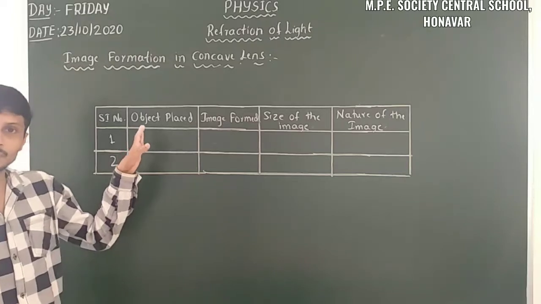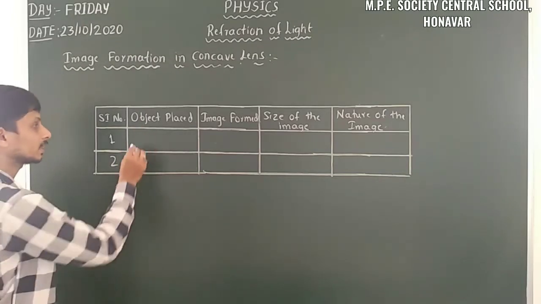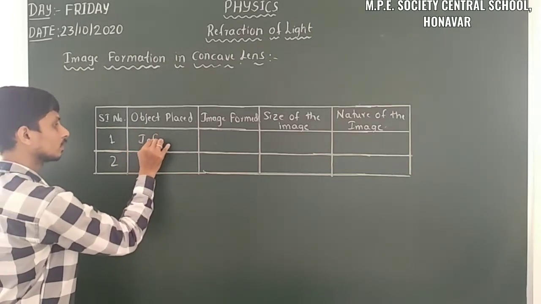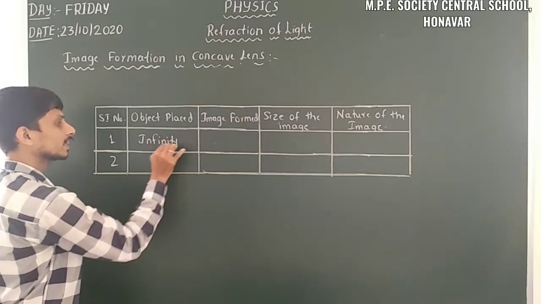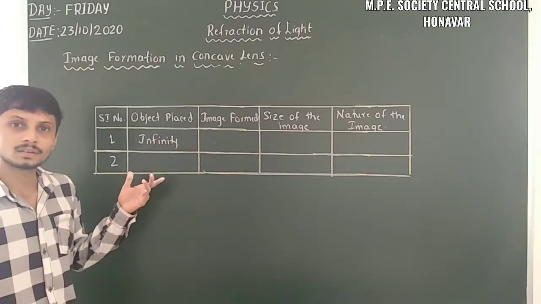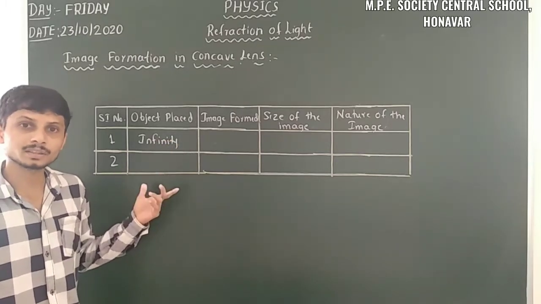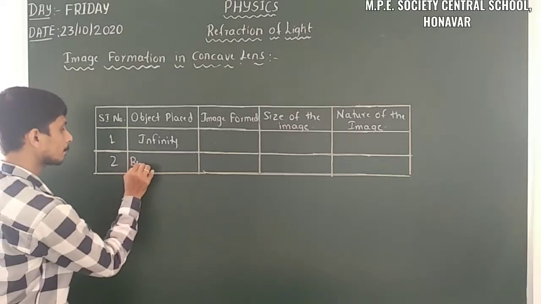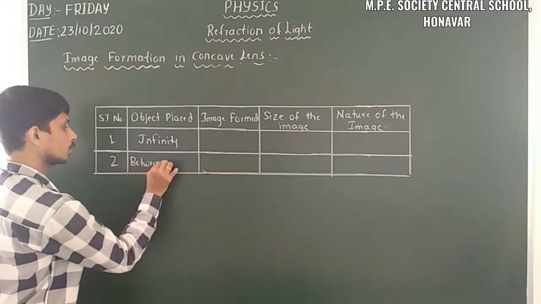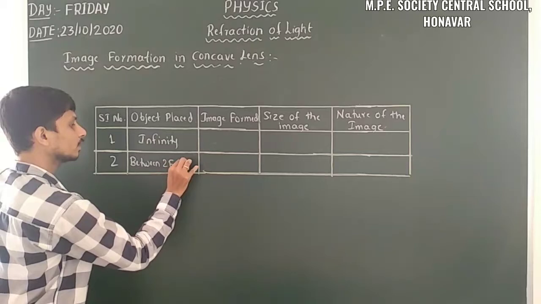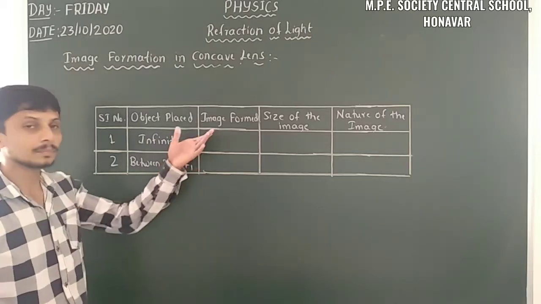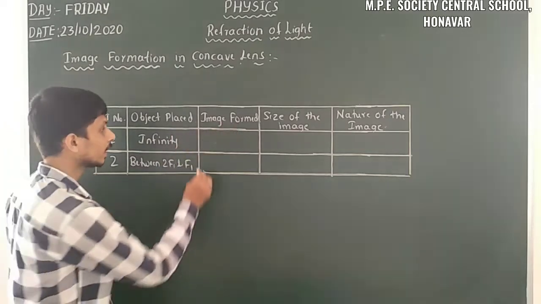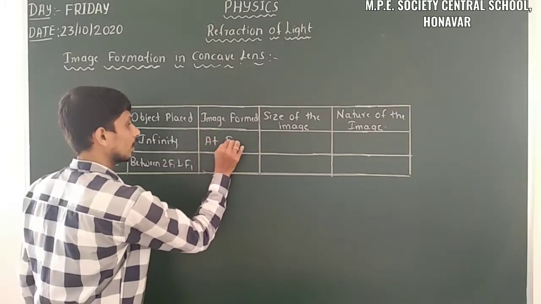Firstly, in the first case the object is placed at infinity, and in the second case we locate the object between 2f1 and f1. Where is the image formed? In the first case, the image is formed at f1.